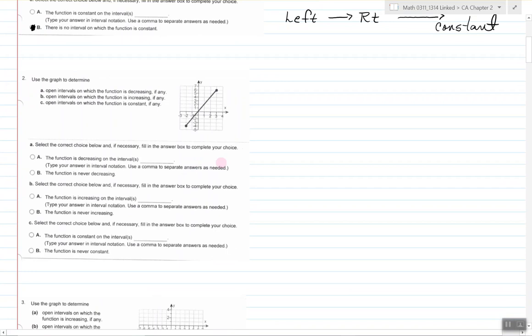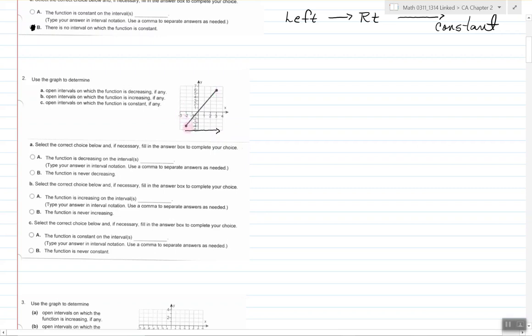All right, on this one, same 3 questions. They might be asked in a different order. So, open intervals on which the function is decreasing. Now, if I track in an x direction, remember I'm supposed to look from left to right. The curve is increasing, increasing, increasing. It's always increasing.